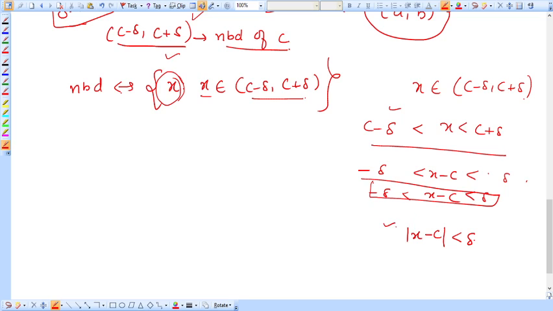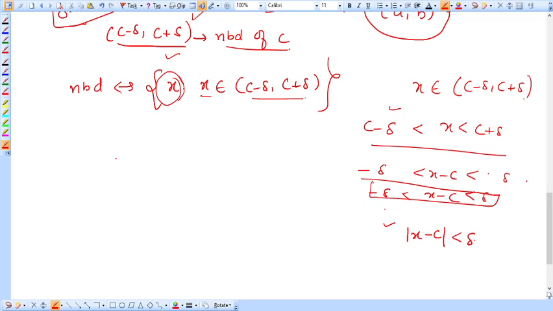What is meant by modulus? If modulus of x is less than alpha, this means x is less than alpha and greater than minus alpha, right? That's why I'm writing the reverse of this inequality.